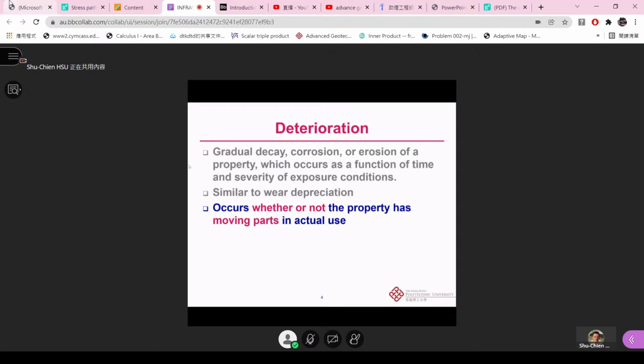Of course that one will have much better exteriors and look much better. So how you maintain and preserve your asset will also cause these kinds of differences in depreciation. All right.